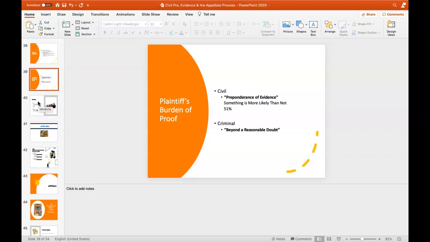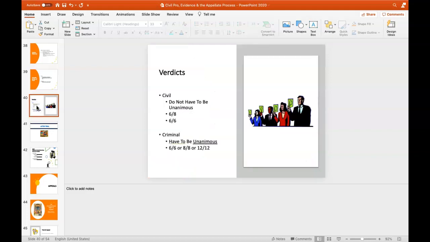The plaintiff's burden of proof in a civil case is preponderance of the evidence, which means that something is more likely than not, which also means it must be 51% or greater. The burden of proof in a criminal case is beyond a reasonable doubt. Verdicts in a civil case do not have to be unanimous.